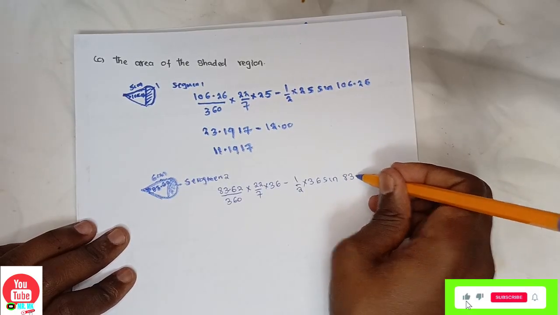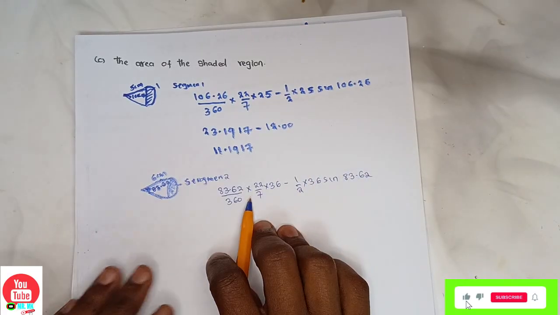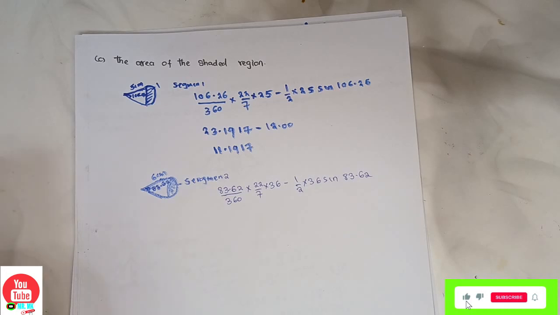Theta is now 83.62. Now using your calculator, you can get it.